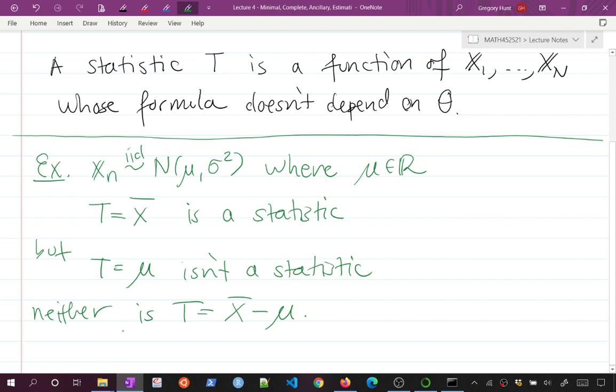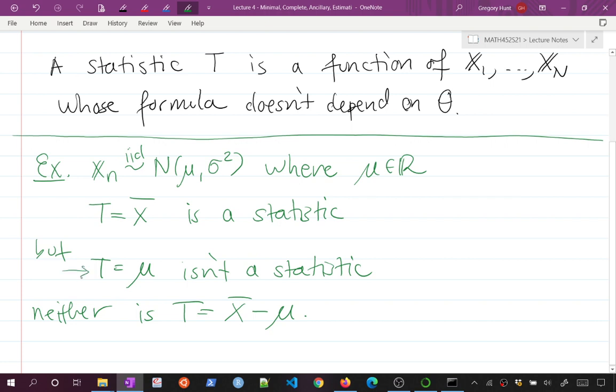Ultimately, what we're going to talk about today is how we want to estimate things with statistics. And if we can use the unknown quantities in our statistics, that makes estimating things very easy because I can use my unknown quantity to form an estimator. If you ask me to estimate mu, you might tell me x bar. If I'm allowed to say, well, it's mu, that is my second case here, not a really great estimator.